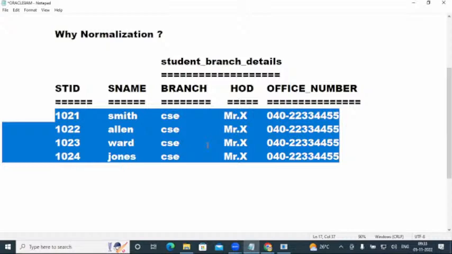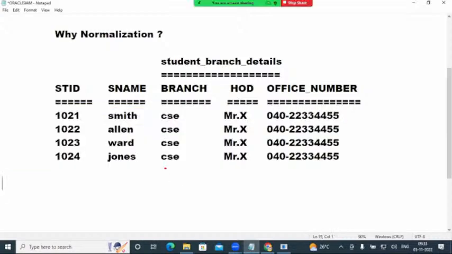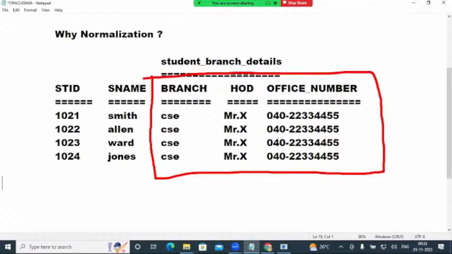Yes, so many duplicates are there, and so many duplicate columns here. So these 3 columns' data is repeated how many times? 4 times. CSC, CSC, CSC, CSC. Mr. X, same number. So in these 3 columns, if you carefully identify, a lot of redundancy has occurred.